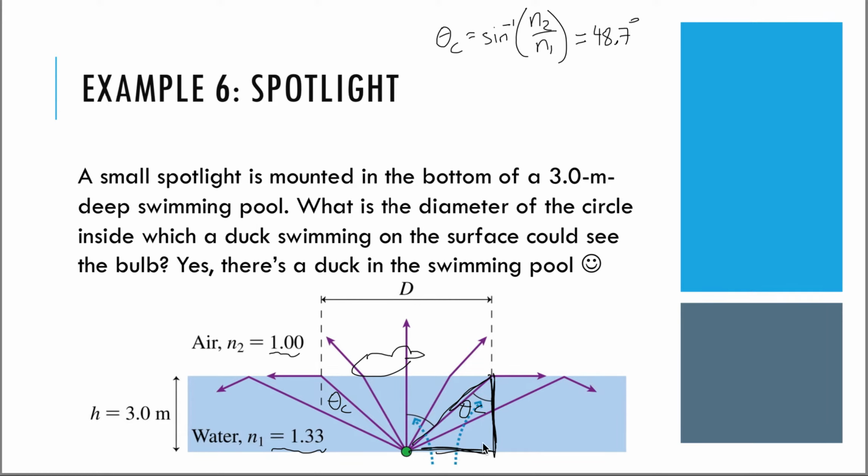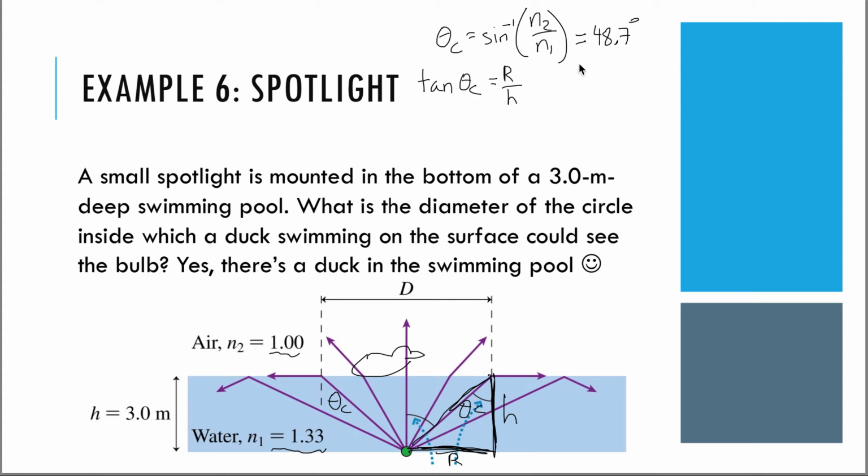Let's solve for this side. Let's call it R, the radius. And we have H here is 3. So we have the angle, we have the opposite, and we have the adjacent. We know that the tangent of this critical angle is opposite over adjacent. So it's going to be R divided by H.